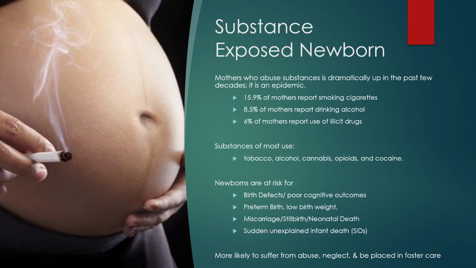Cocaine and methamphetamines during pregnancy put the patient at risk for developing maternal hypertension and can cause placental abruption. I've actually had that a few times when a patient came in having a severe placental abruption, and it was because they were on methamphetamines. In addition, substance-exposed babies are more likely to suffer from abuse, neglect, and be placed in foster care.